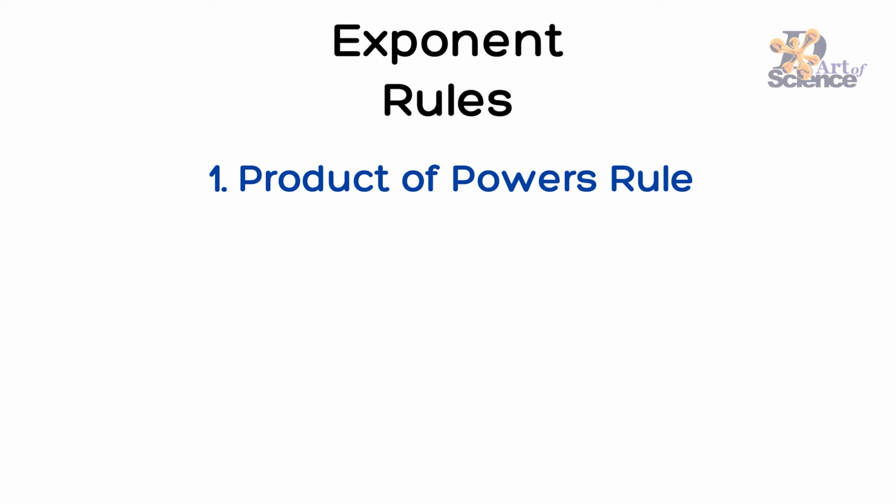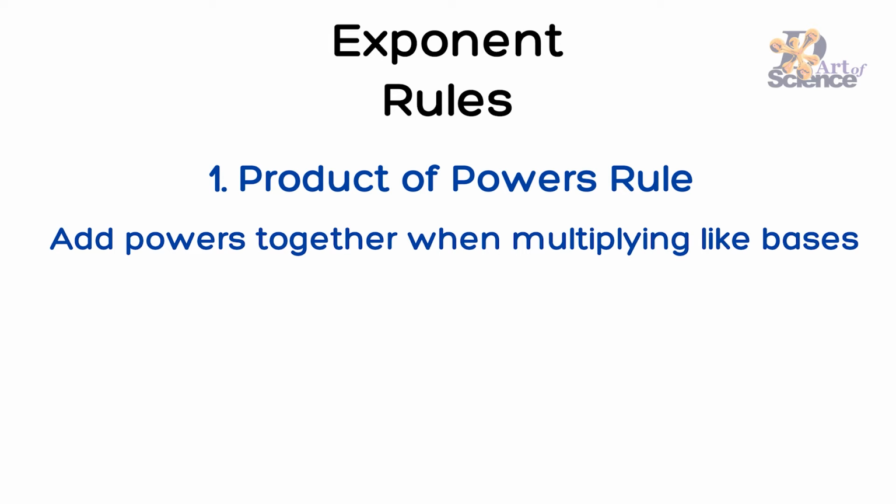Now we are going to understand two main exponent rules. The first rule is the product of powers rule. This basically says that you have to add the powers together when you're multiplying like bases. Like bases basically means the same number in the bases. Let's look at an example. Here we are going to take 2 raised to 3 multiplied by 2 raised to 2.